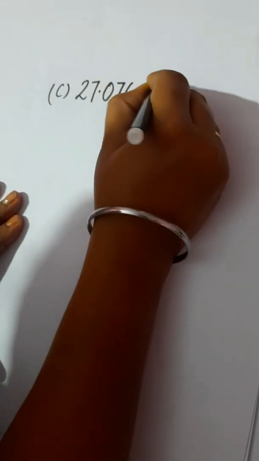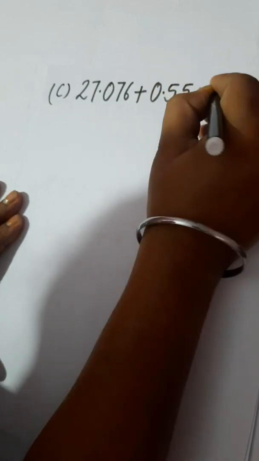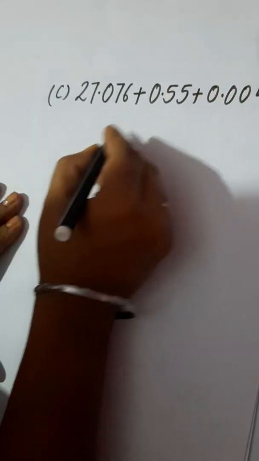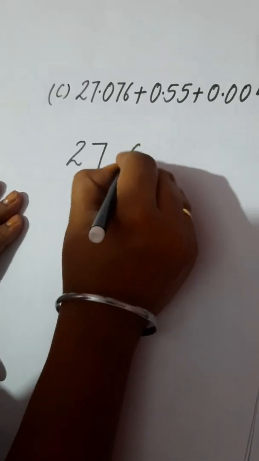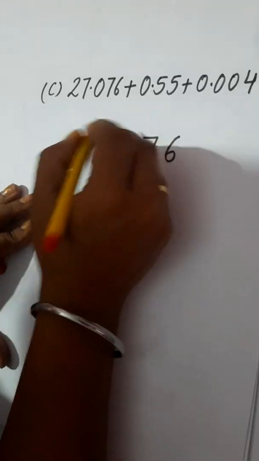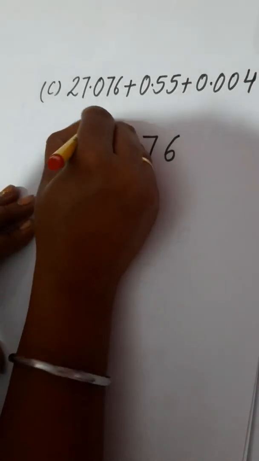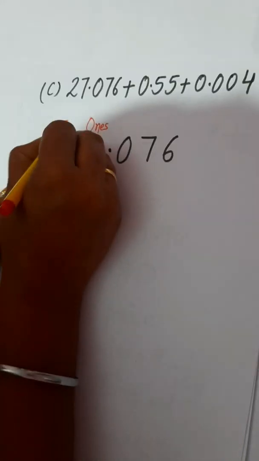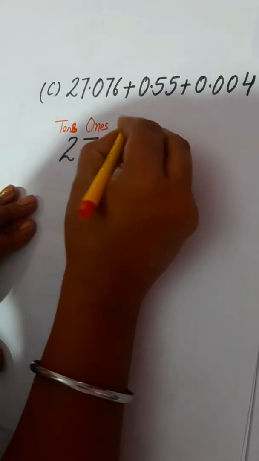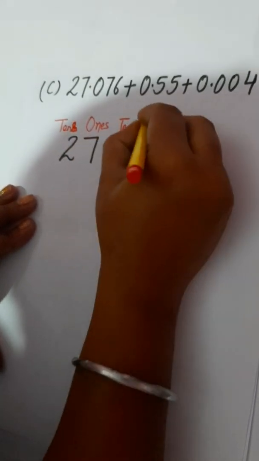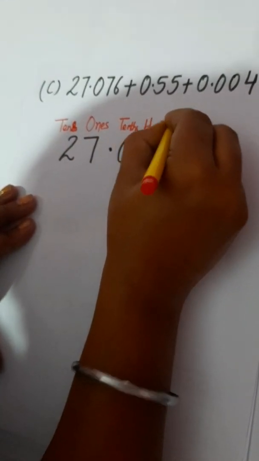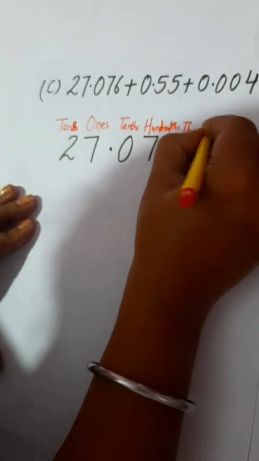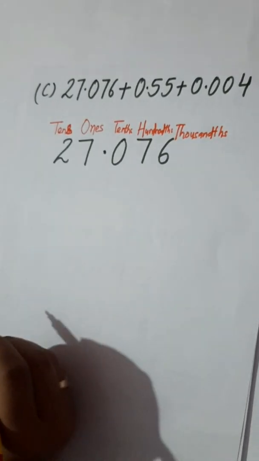Now next we have part C. Here part C is 27.076 plus 0.55 plus 0.004. Again, firstly I will write 27.076, and below it, before the decimal, this 7 is at the ones place, this is the tens place, tenths place, hundredths place, then this is the thousandths place.